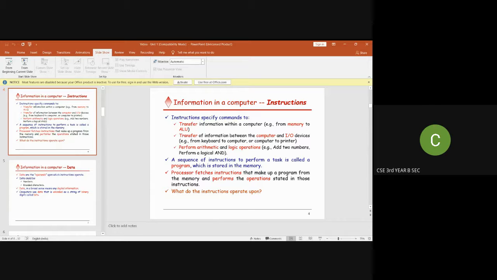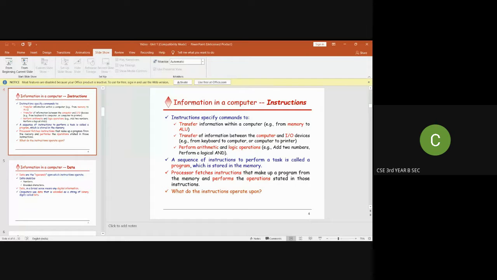And it also transfers the information between the computer and input output devices, like from keyboard to computer, computer to printer. And it performs arithmetic and logical operations, for example, addition of two numbers, or performing a logical AND. All these logical and arithmetic operations are performed by the ALU based on the instructions.